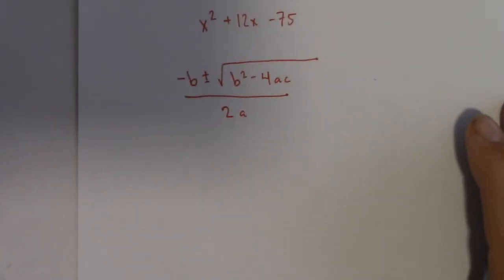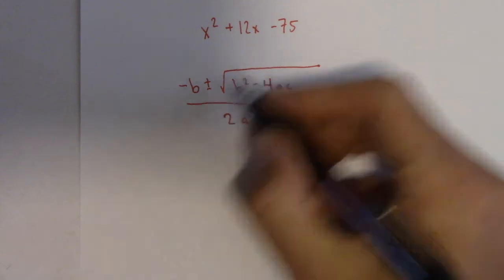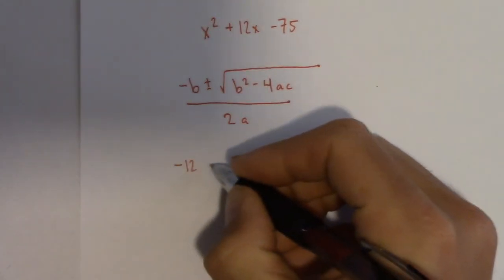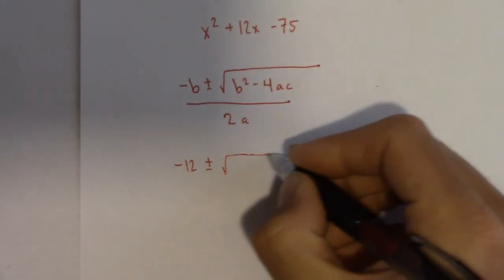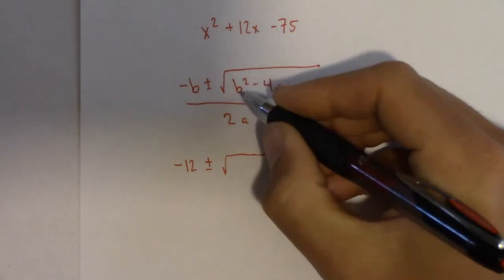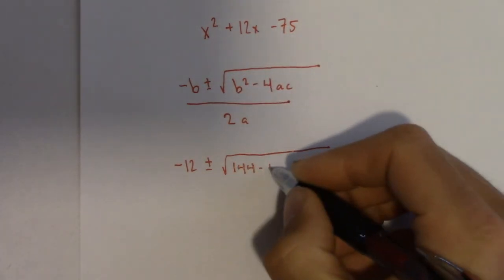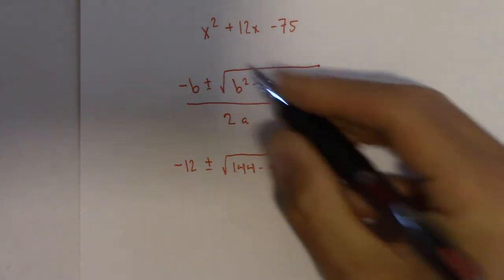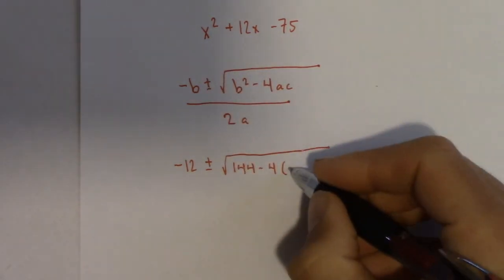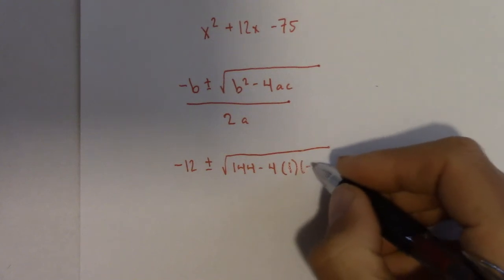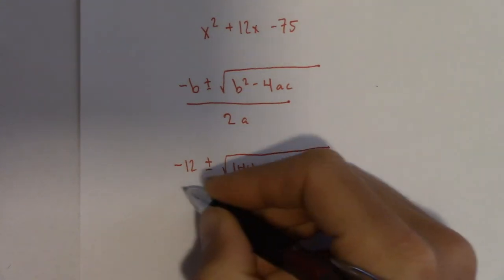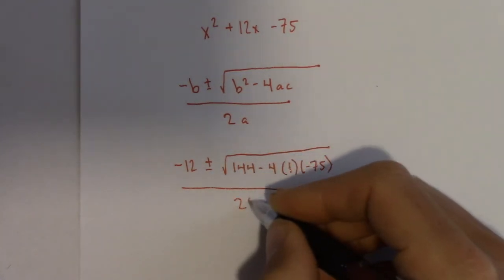So if I start plugging in, opposite of b is negative 12 plus or minus the square root. B squared, 12 squared is 144 minus 4. A is 1, C is a negative 75, all over 2 times 1.